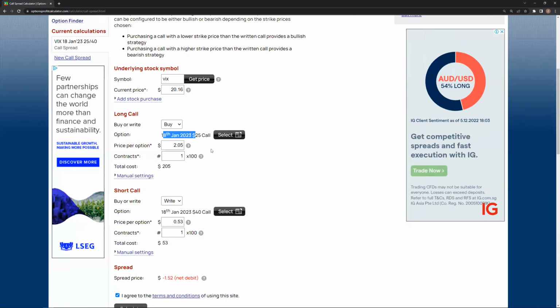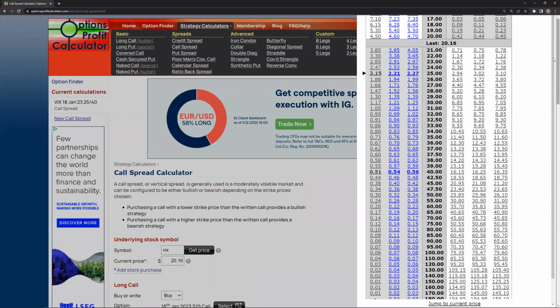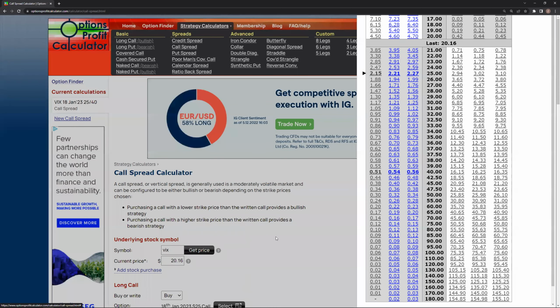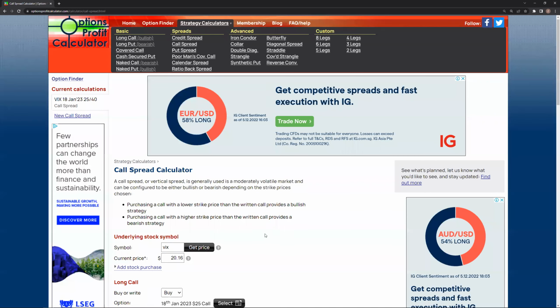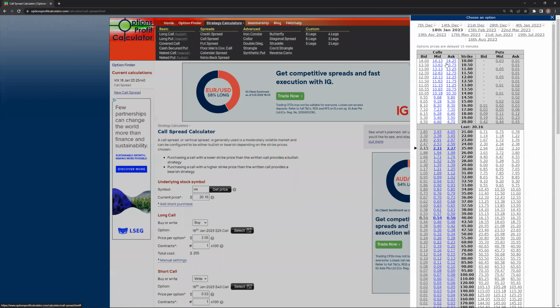The option, you can actually select here. You can select the 18 Jan expiry, strike price 25, currently at 2.15, 2.2, mid.